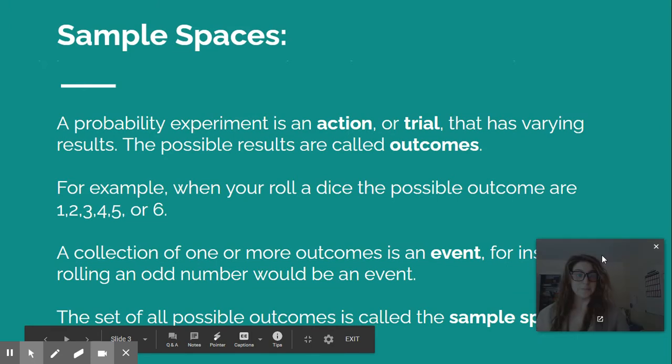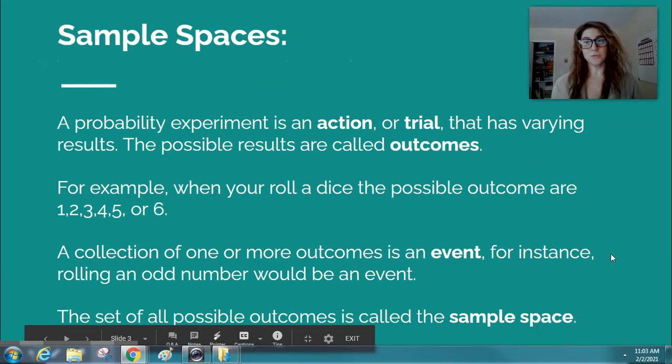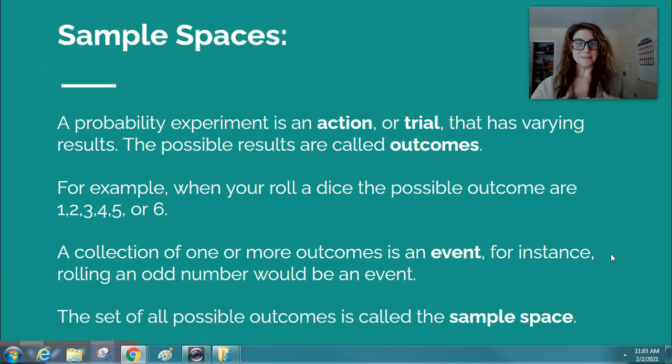We're going to start by talking about sample spaces. So a sample space is all of the outcomes that could possibly happen. A probability, again, is the likelihood of an event. So there is some action or trial or something that you're doing or observing, and all the possibilities that could happen from it are your outcomes. So for example, if I have a dice here, the dice has a sample space of 6: 1, 2, 3, 4, 5, and 6.